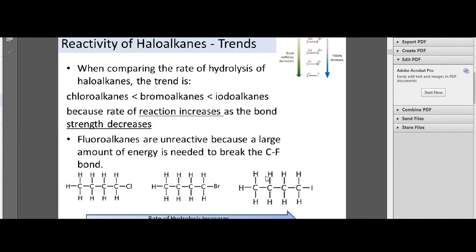Now we'd like to see the polarity of halogenoalkane with carbon. You know that carbon and halogen atoms have a difference in electronegativity. For example, C-F, fluorine has a very high electronegativity, so it will tend to attract electrons toward itself.